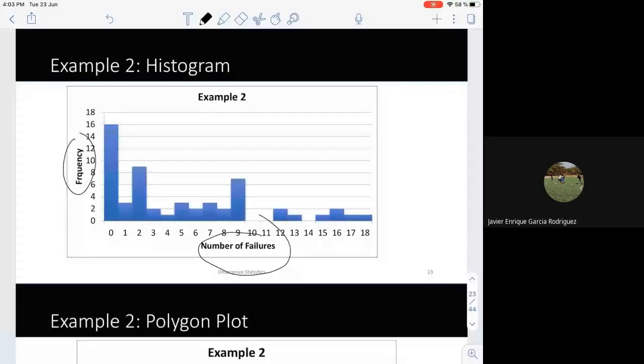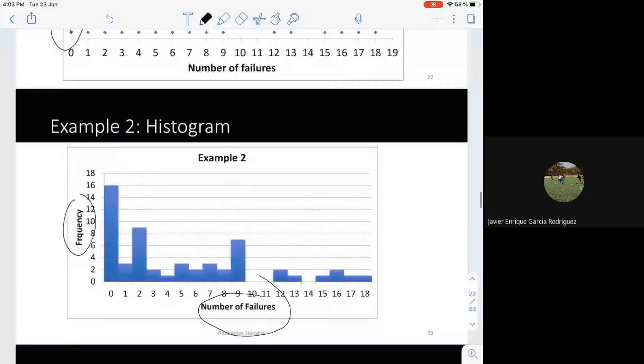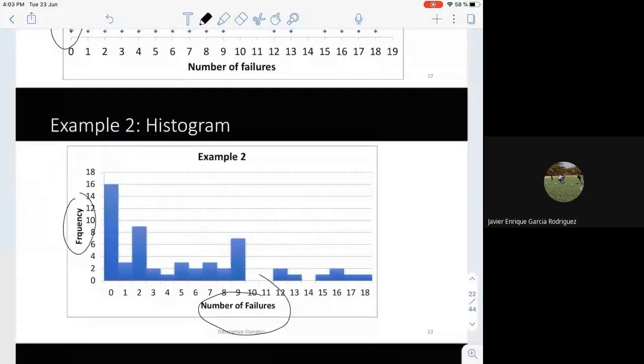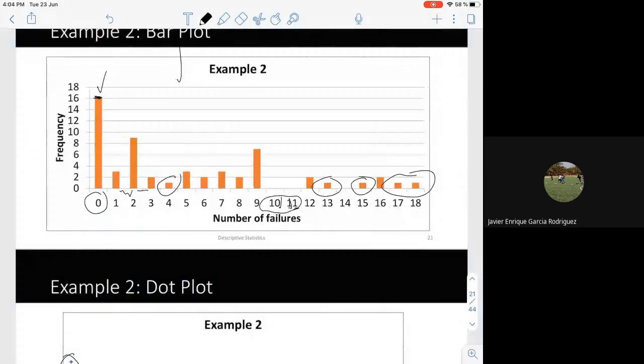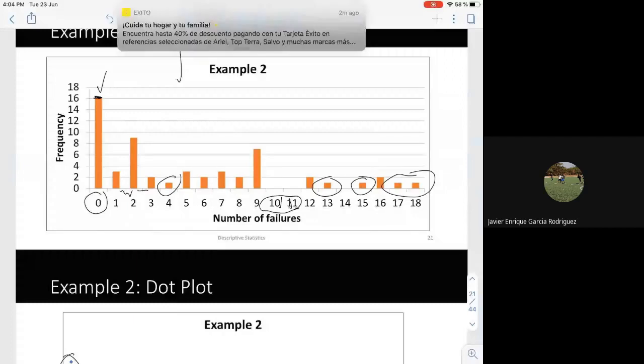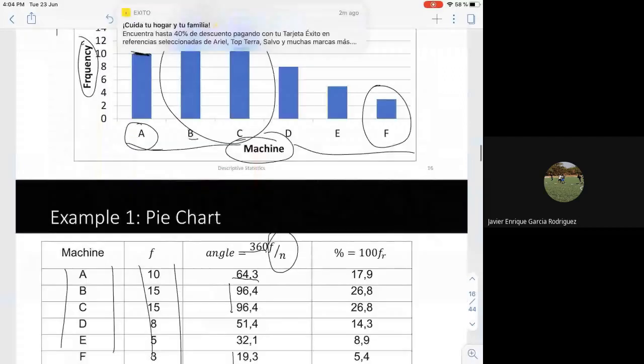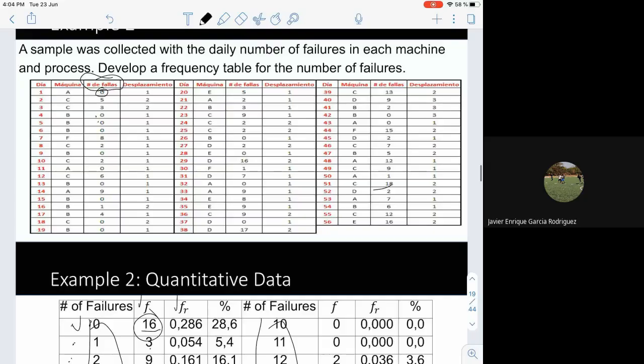Now, why? I will give you a quick way to tell the difference between the bar chart and the histogram. The bar chart or bar plot is mainly used when you have qualitative data, like the machines. For example, here the machines are qualitative data, so you use a bar chart. If you have discrete observations, the bar plot may work.